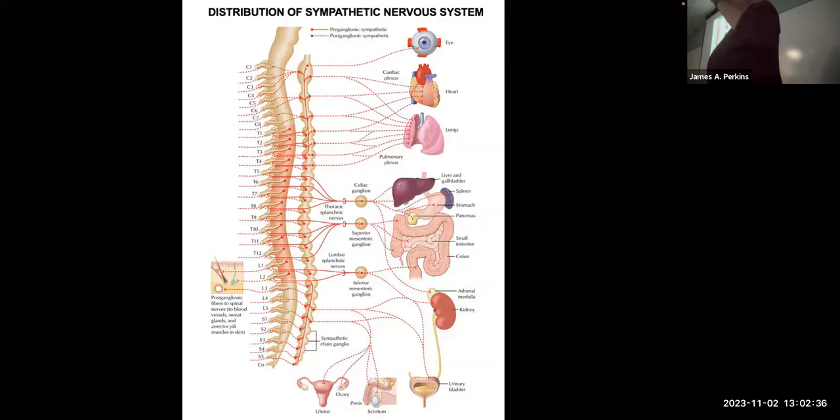So spinal cord from T1 to L2. That's where you find the cell bodies of all of the preganglionic sympathetic neurons. So this is really where the sympathetic nervous system originates. So just to be clear, the cell bodies of all the preganglionic sympathetic neurons are in the gray matter of the spinal cord from T1 to L2.